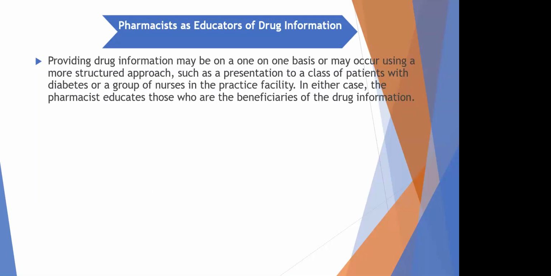And it can also be information provided to a group of health practitioners like nurses in the practice facility. But in whatever the case may be, the pharmacist actually educates those who are the beneficiaries of this drug information.